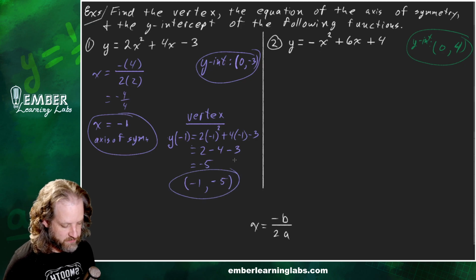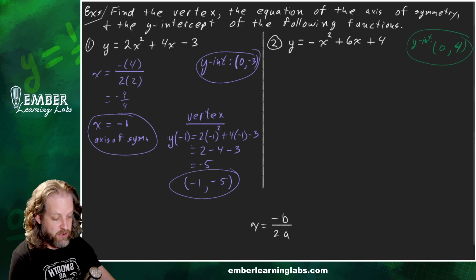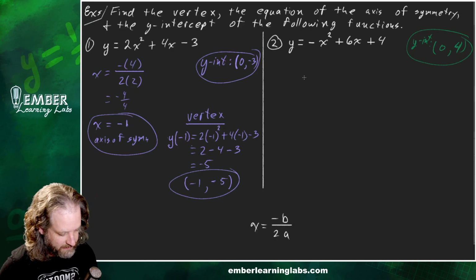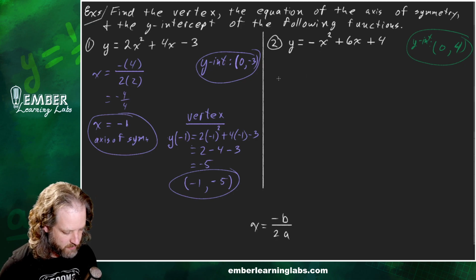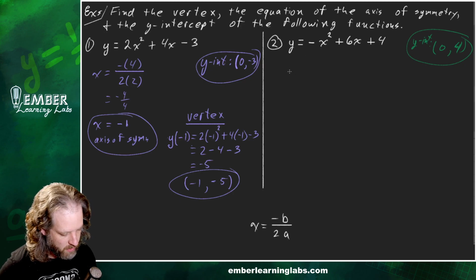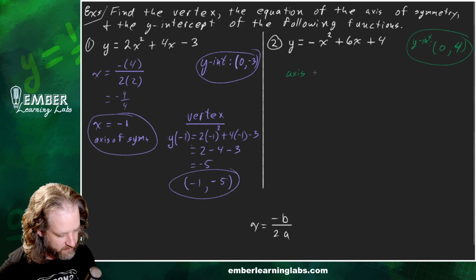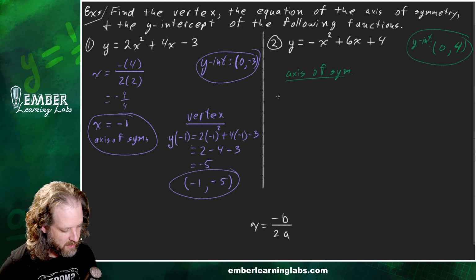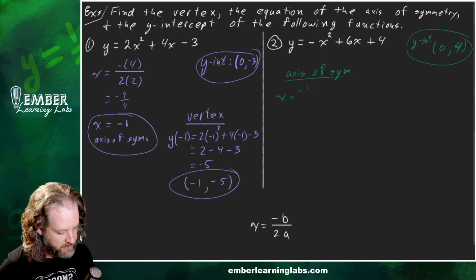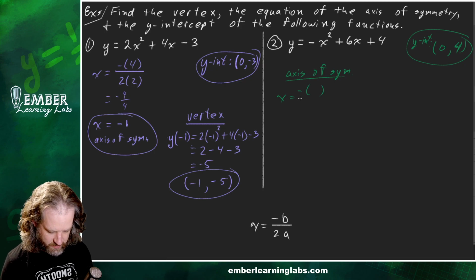All right, let's finish out this other one. So to do the axis of symmetry, we're going to use this formula. x equals the opposite of b, with parentheses where the variables are.